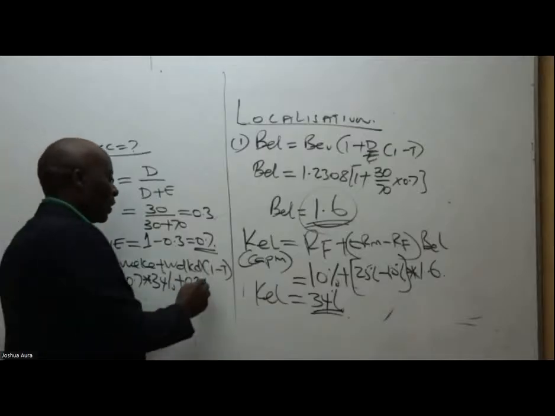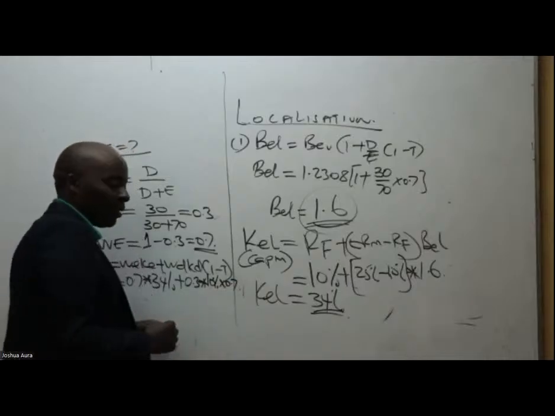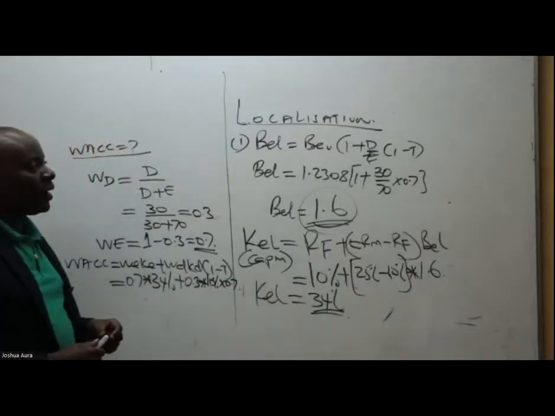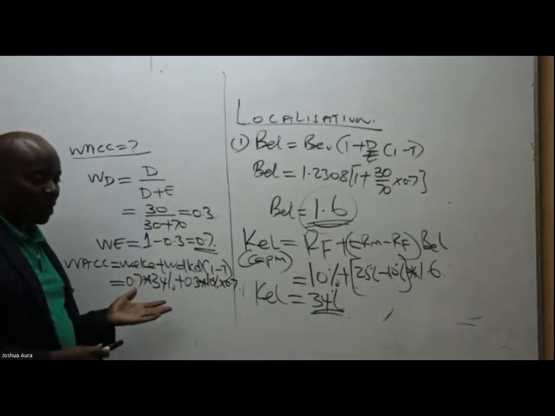We take risk-free, 10%, and multiply it by 0.7 because of 1 minus tax.